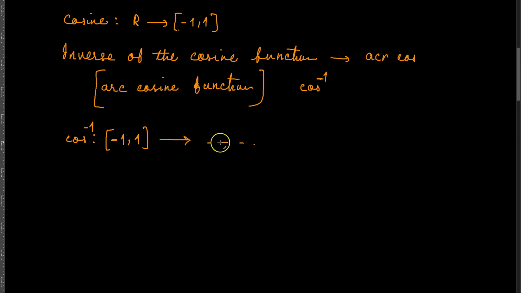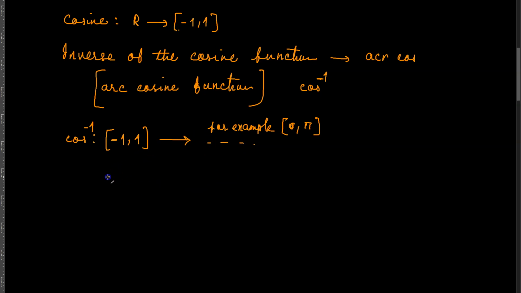For example, the interval 0 to pi, right? In this interval, the function is one-one. And so we can say that the cos inverse function is a function whose domain is the closed interval -1 to 1, and the range could be any of these intervals.